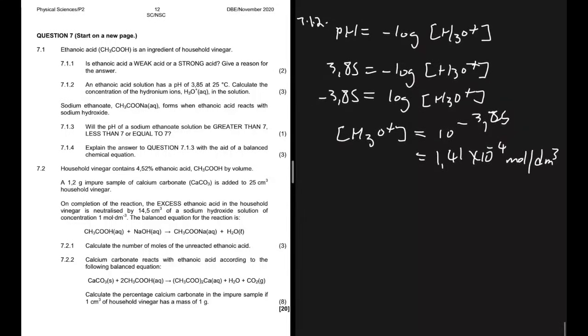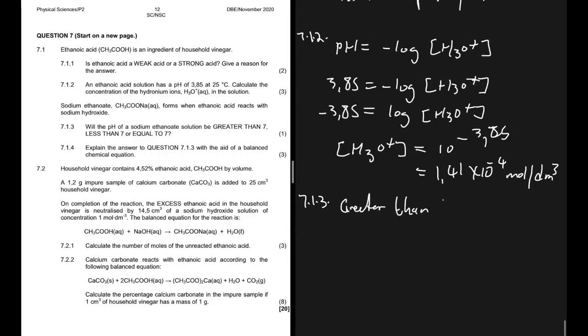And then we have 7.1.3, which says sodium ethanoate, CH3COONa, forms when ethanoic acid reacts with sodium hydroxide. And then it says, will the pH of sodium ethanoate solution be greater than 7, less than 7, or equal to 7? It's definitely going to be greater than 7.